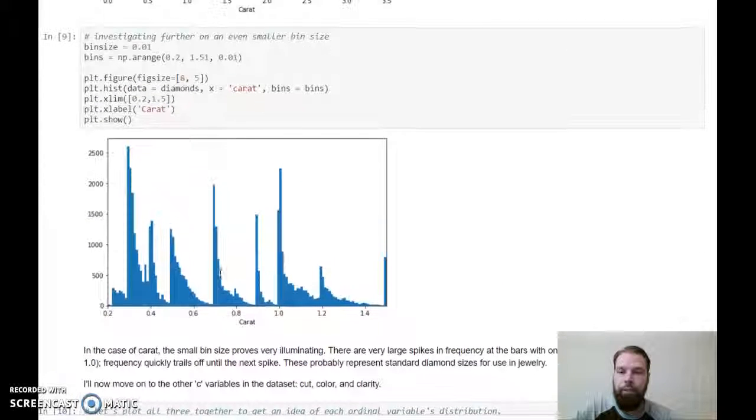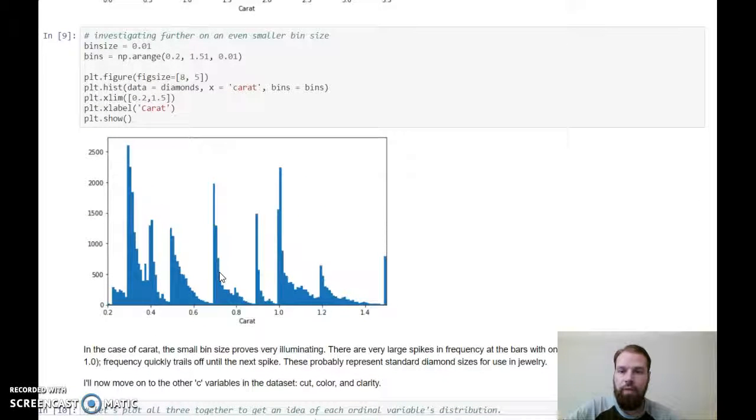I want you to pay attention to this chart, which I found really interesting. Now, if you think about diamonds, it seems to me that under normal conditions, the diamonds would be pretty flat, like in terms of there's a certain amount you'd get at 0.2 carats and 0.4 and so forth, right? But you see this is a multimodal graph.